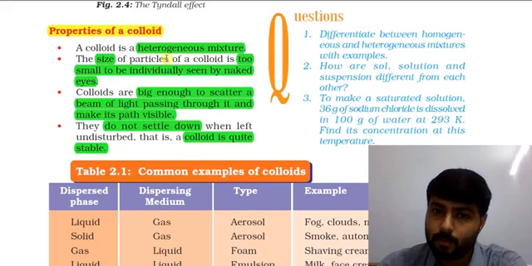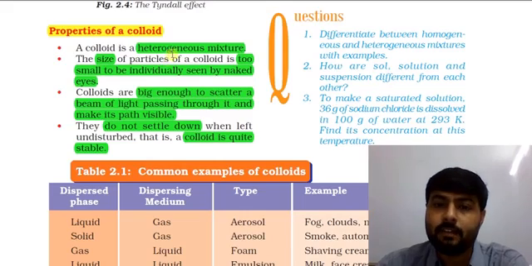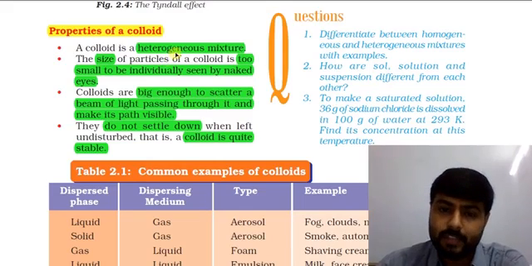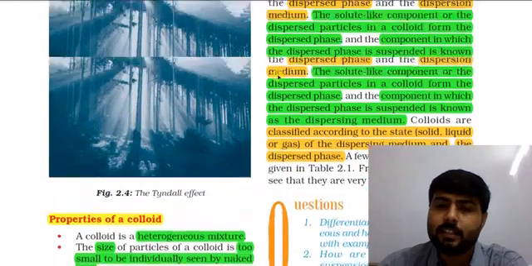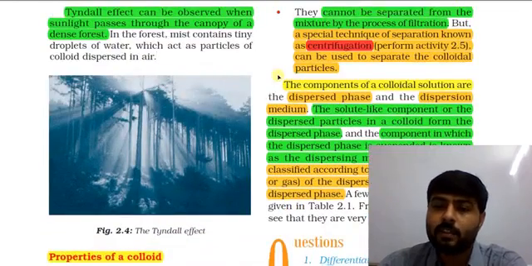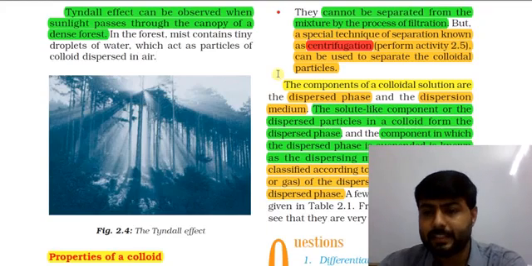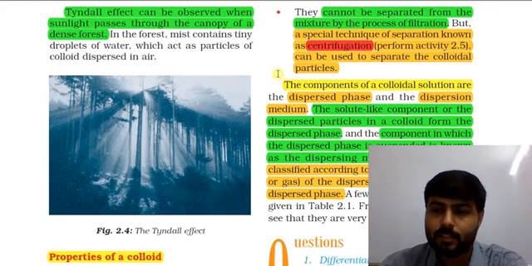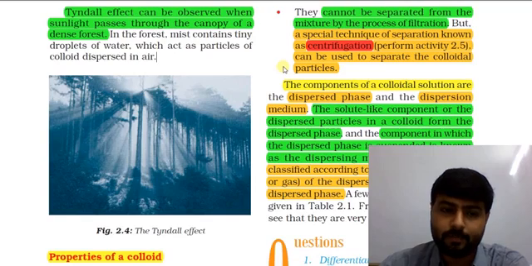Size is too small, cannot be seen by naked eyes. Big enough to scatter a light beam passing through it and make its path visible. Does not settle down, hence it is quite stable, and cannot be separated by filtration, but we can separate it by the special process called centrifugation.